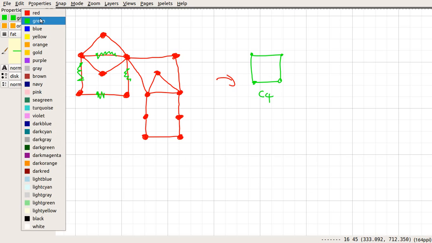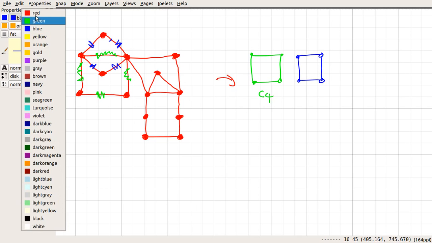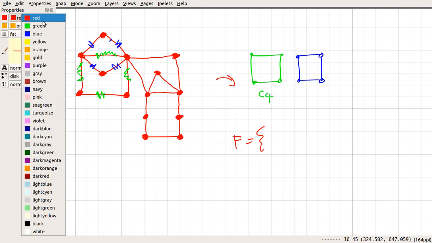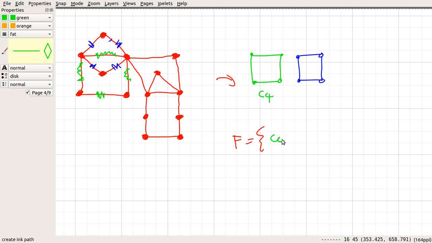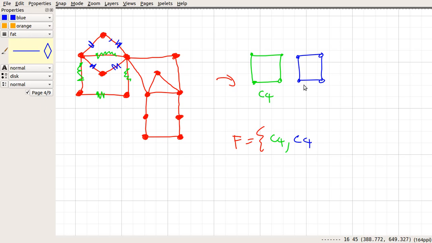And we have this subgraph, another cycle, another C4. So here our family consists of this C4, then again this C4.